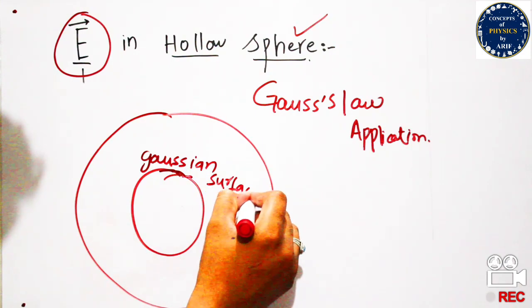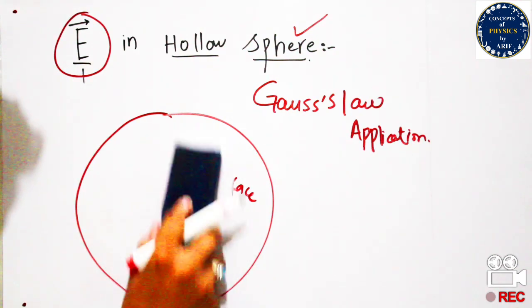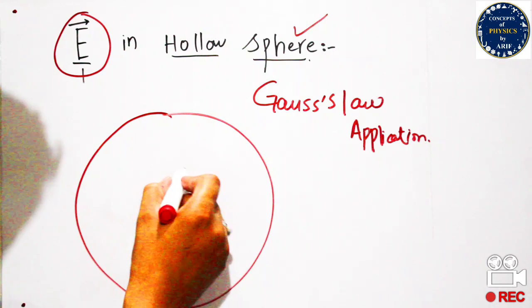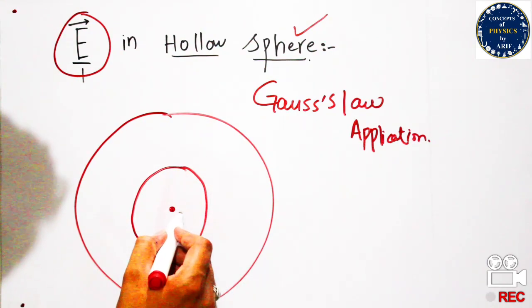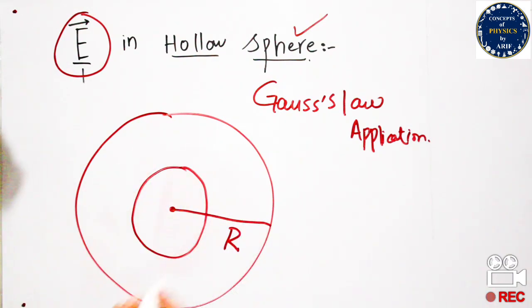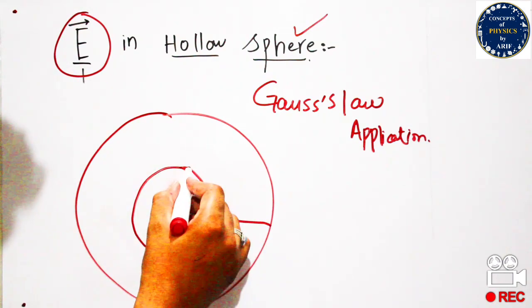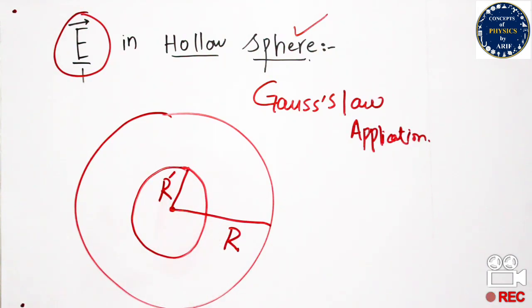In order to understand the electric field intensity, first of all we need to calculate the electric flux in that hollow sphere, because this hollow sphere is a Gaussian surface. From the center to the outer surface the distance is known as capital R, and from the center to the boundary of the hollow sphere it is known as R prime.